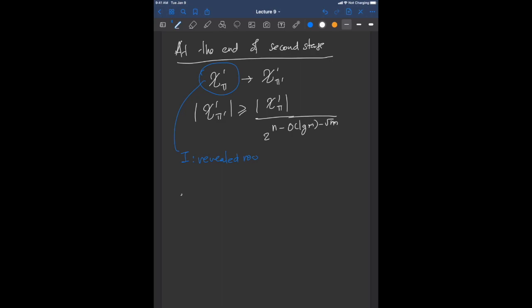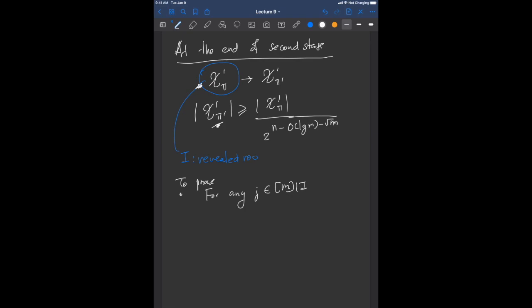So what we intuitively argued earlier is the following formal thing. We want to prove that for any row j which is an unrevealed row, so that means it's not in the set of revealed rows. The set of rows was m and the set of revealed rows was I, so this is the set of unrevealed rows. We want to say that the amount of information that the players have learned at the end of second stage, in this set of matrices x dash pi dash, is still not too large.